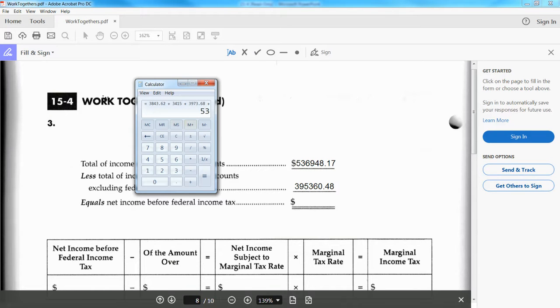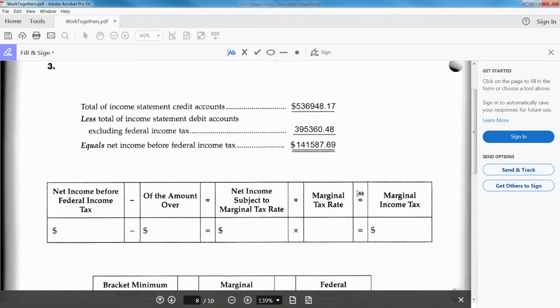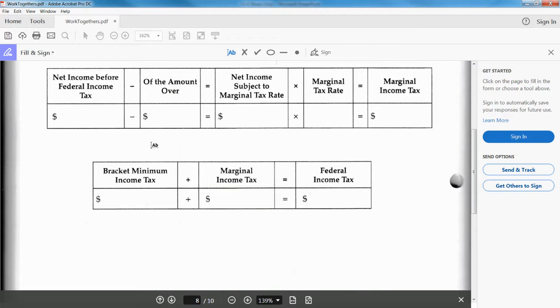So we're going to take 536,948.17 minus 395,360.48. And that equals 141,587.69. And then we're going to come down here and fill this out.